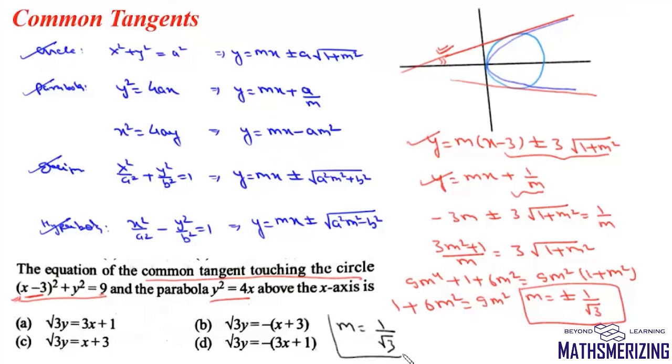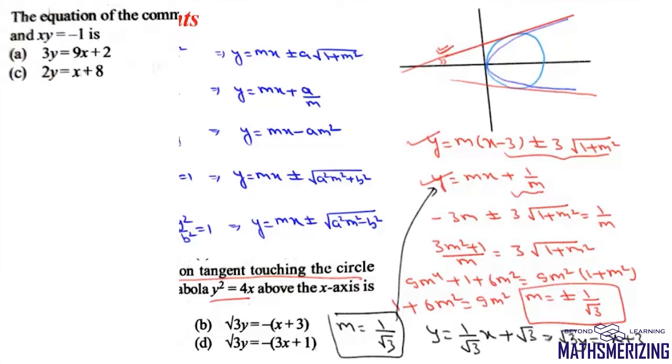Now once we have this value of m, we'll put it in the equation of this tangent. So we can write this equation as y equals 1 by root 3 x plus root 3, or we can simplify this as root 3 y equals x plus 3, and that's your option number C.